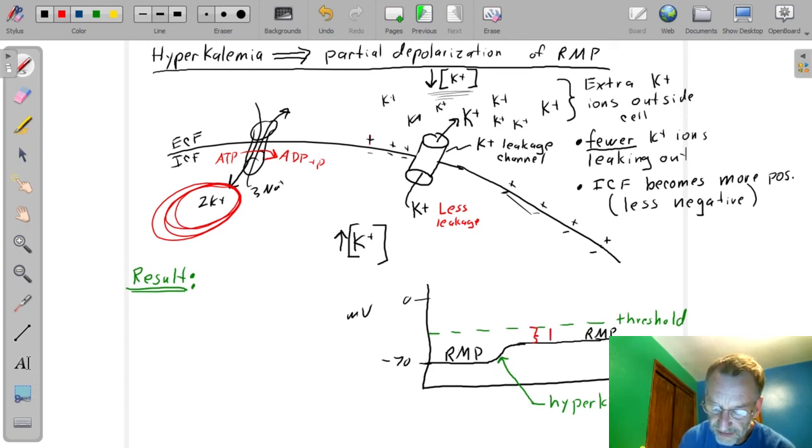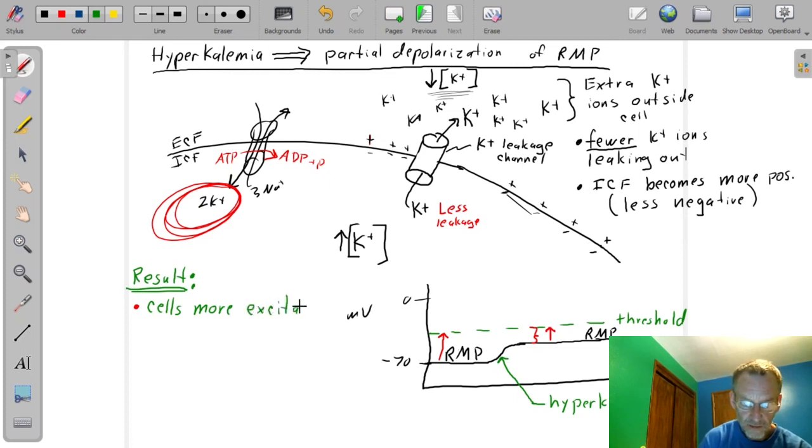And it takes less of a stimulus to hit threshold than it did before. We're already halfway to threshold. So initially, the cells are more excitable with hyperkalemia. More excitable, let's say, closer to threshold.